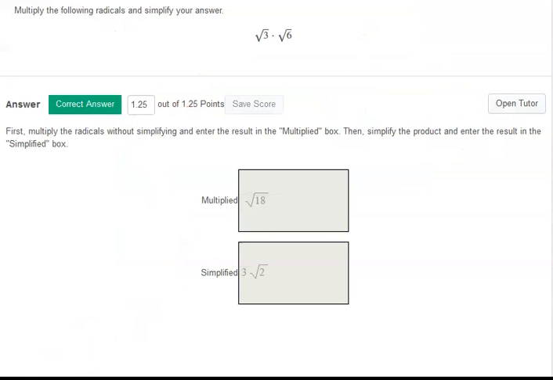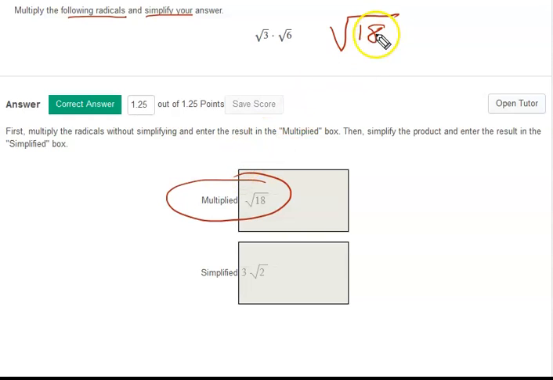All right, now for item 12 here, if you're keeping track, they want us to multiply the following radicals and then simplify. So the square root of 3 times the square root of 8 is the square root of 18. And that's what they have when you multiplied. Now, to simplify radicals, we're looking for, is there a greatest square root factor of 18?